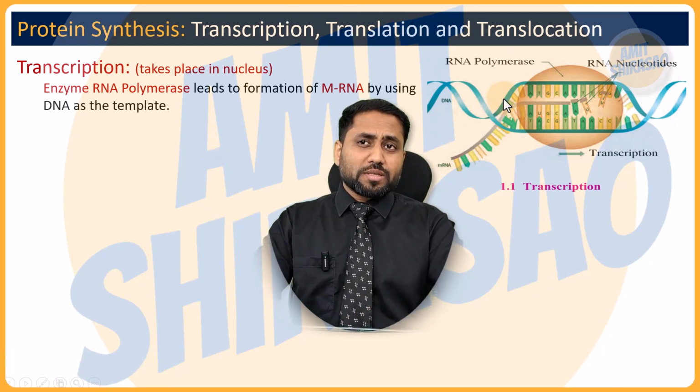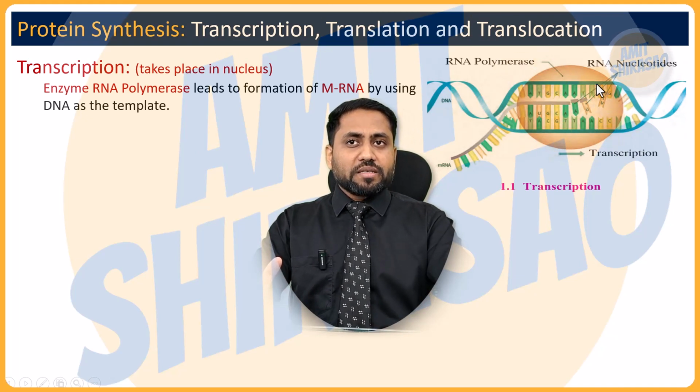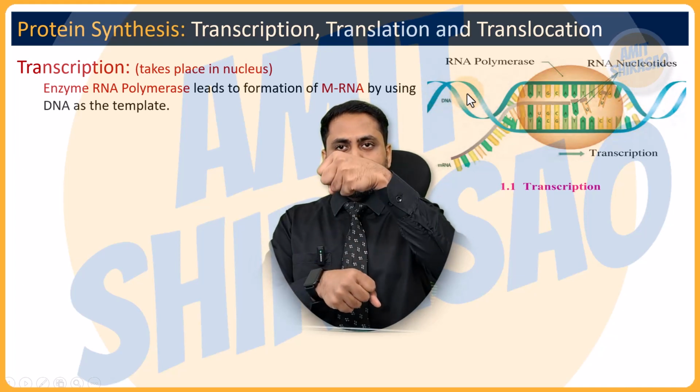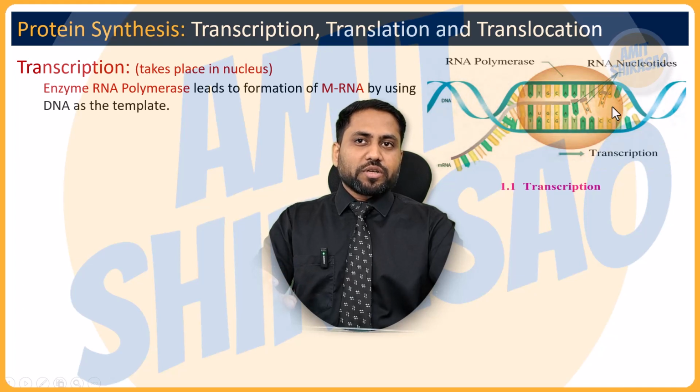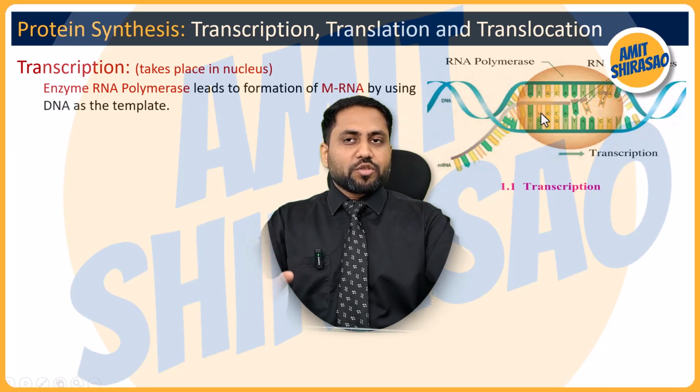Okay, so it is shown in a simple diagram over here. This is that RNA polymerase enzyme, and this is that DNA strand. It is broken into two parts, and with any one part, it is now creating an mRNA. Where are all these nitrogen bases coming from?